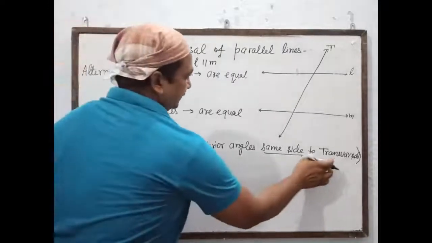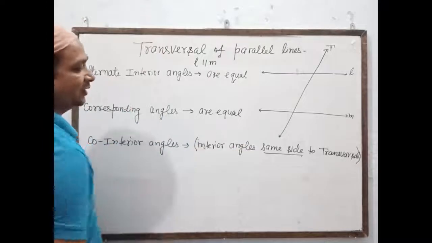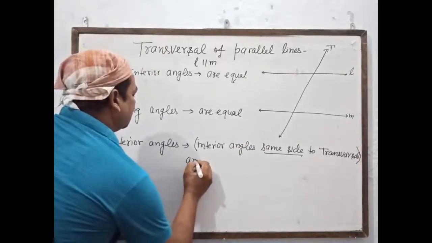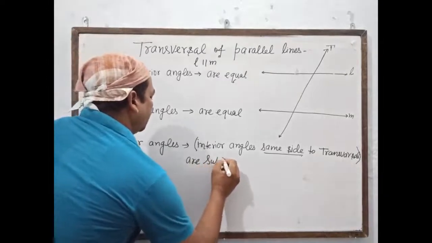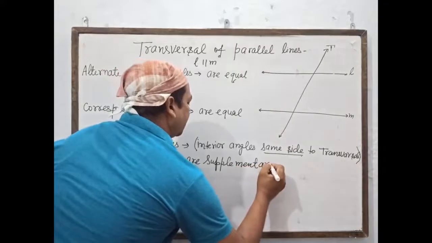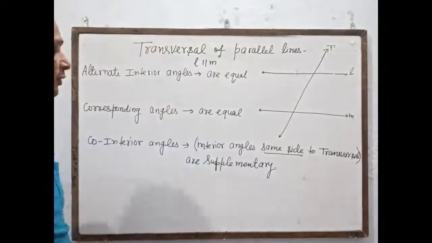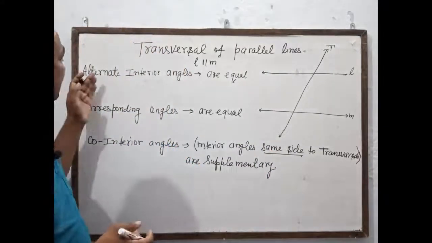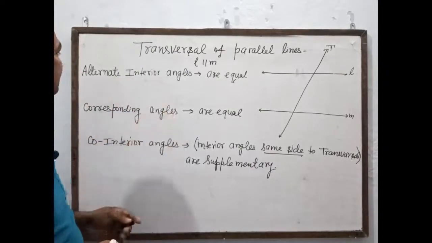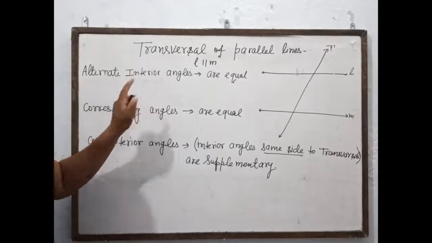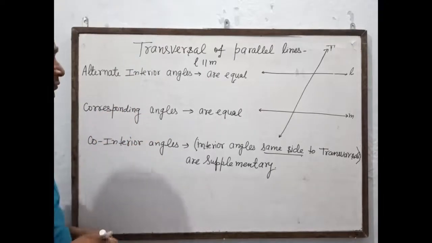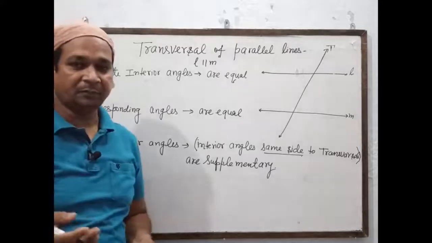This sentence is used: interior angles on the same side of the transversal are supplementary. We have to learn all these three properties of alternate interior angles, corresponding angles and co-interior angles to use in certain problems.